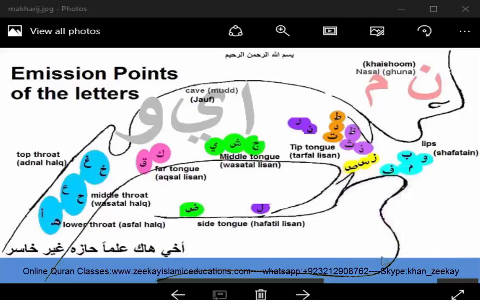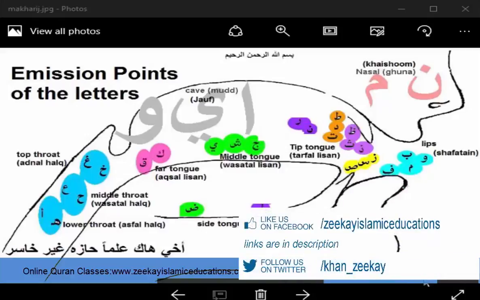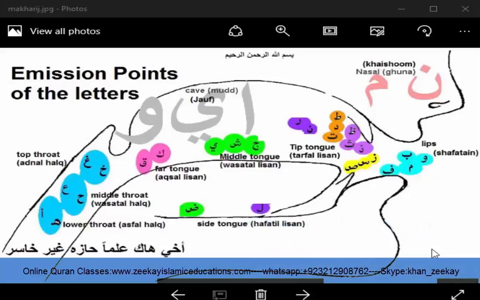In front of you, you can see a picture with several letters and several positions, an inner view of the mouth. We will start the origins: how to pronounce, and from where to pronounce, the Arabic letters.